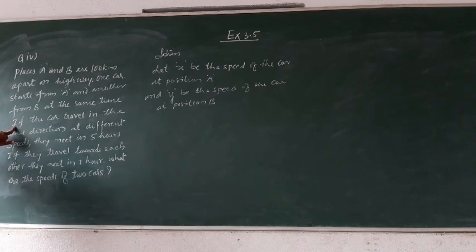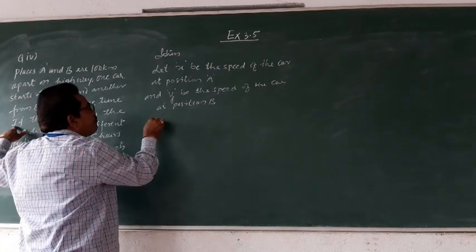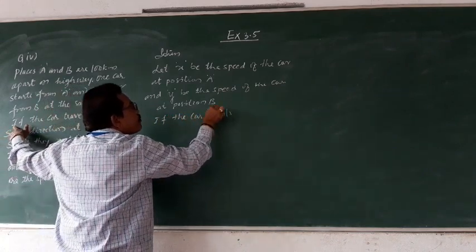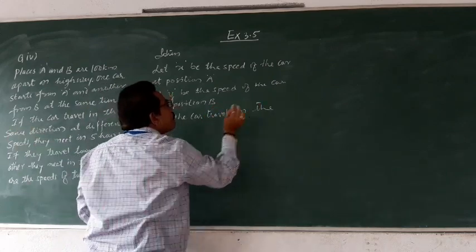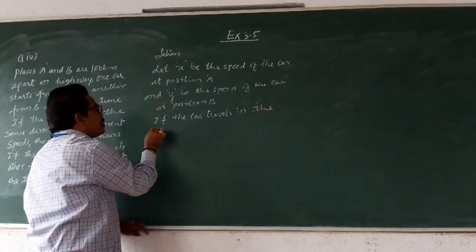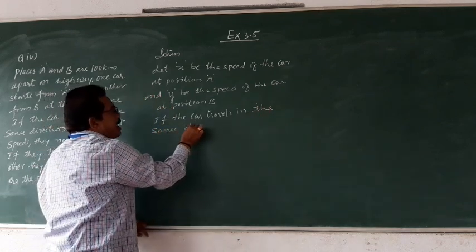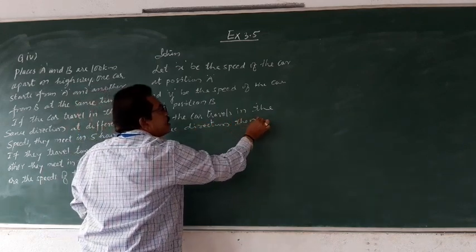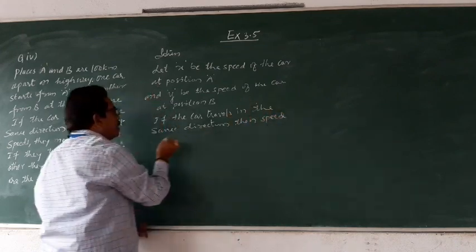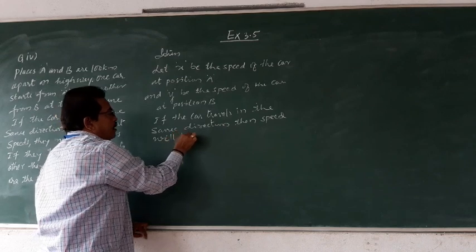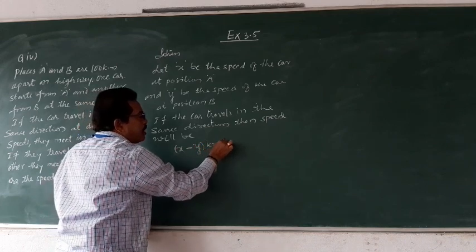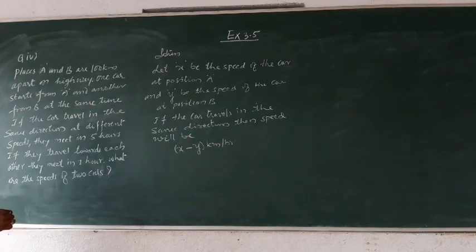Now, if the cars travel in the same direction, then the relative speed will be x minus y kilometer per hour.